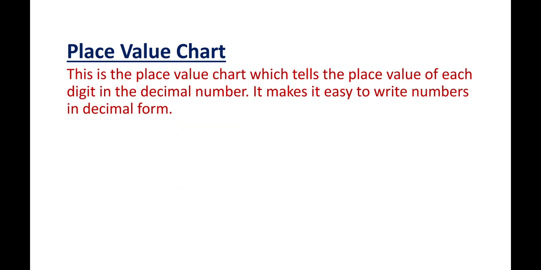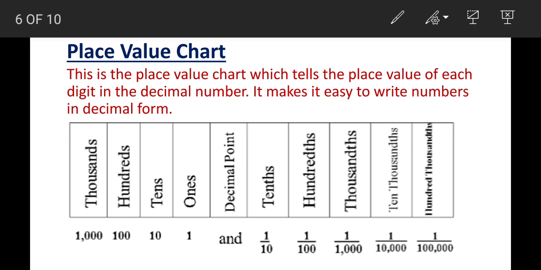This is the place value chart which tells the place value of each digit in the decimal number. As you have already discussed this for the Indian number system and international number system, here we will discuss how to represent the place value for decimals. We have already discussed all this. That is ones, that means 1, tens, for that the value is 10.